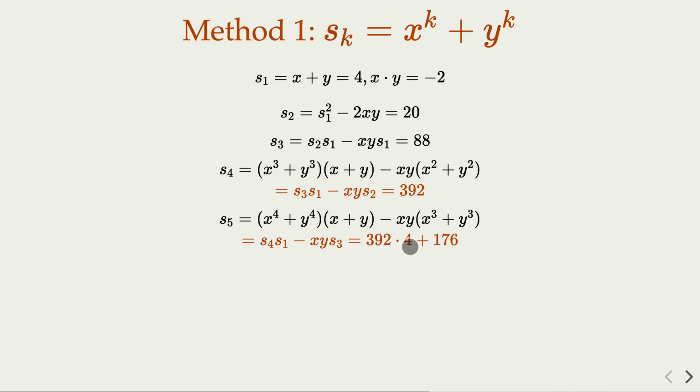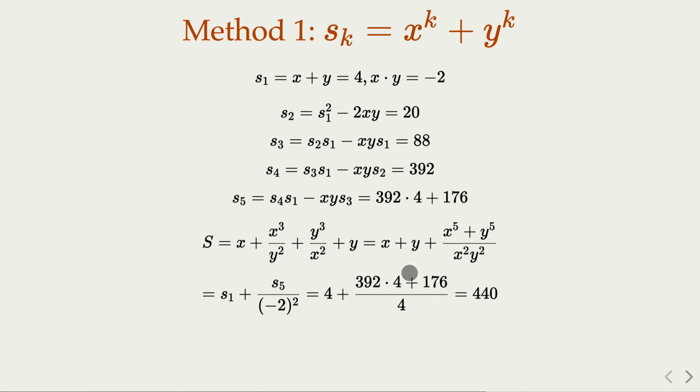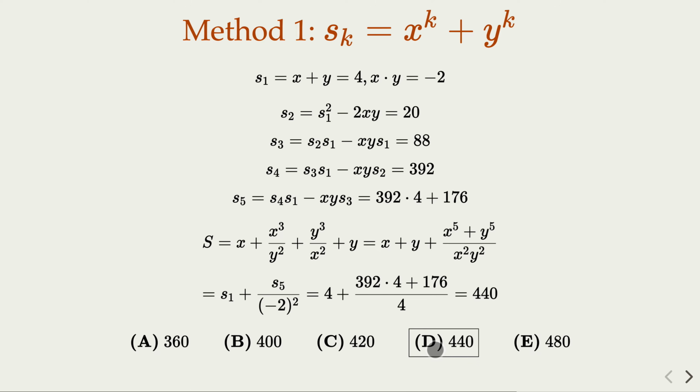Sometimes don't try to calculate big numbers. All right, so this is what we have so far, and the expression we want to evaluate, we can just plug in, right? So when you plug in here, notice that this 4 cancels, okay, and this is 440. So the answer is D.